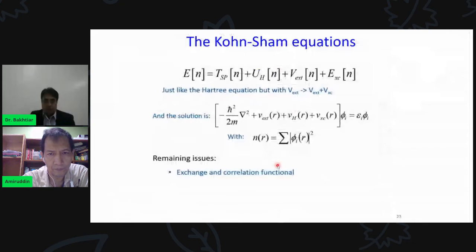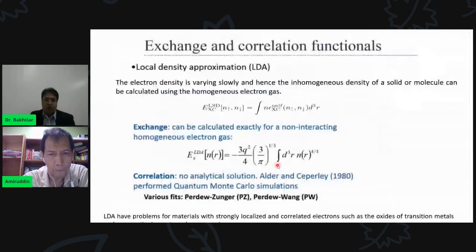So the LDA assumes the electron density is varying slowly, and hence the inhomogeneous density of solids or molecules can be calculated using the homogeneous electron gas. So the exchange correlation energy is split into two components.